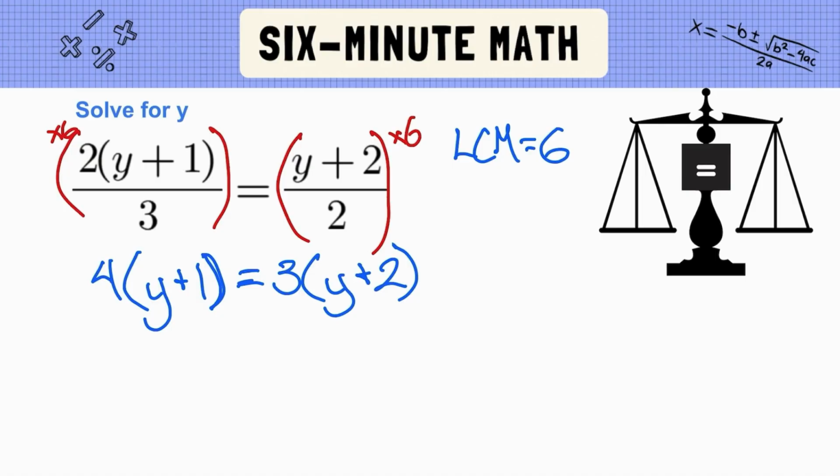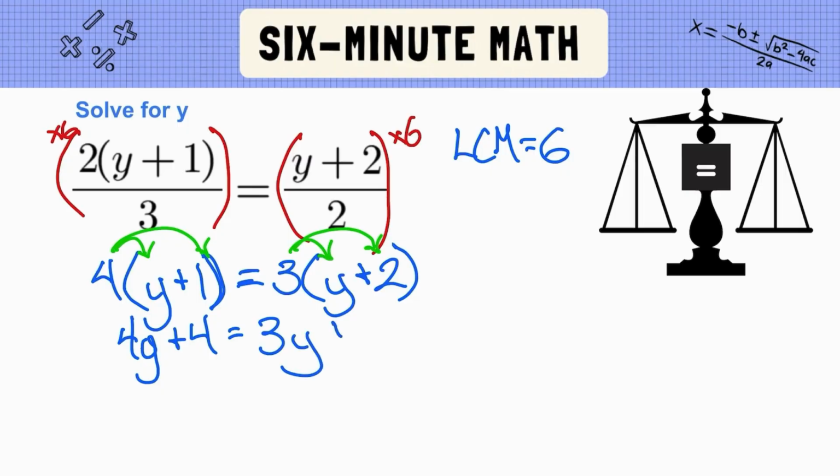At this point, I just have a normal solving with some distributive property. So I distribute my coefficient in for 4y plus 4 equals 3y plus 6. I'm going to subtract 3y from both sides.